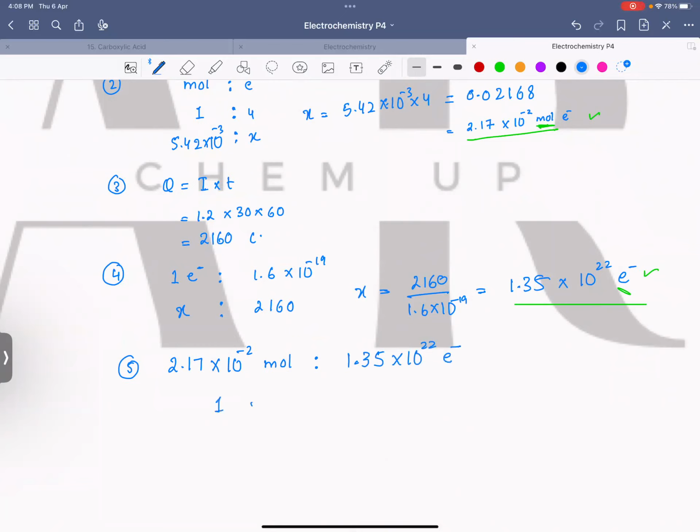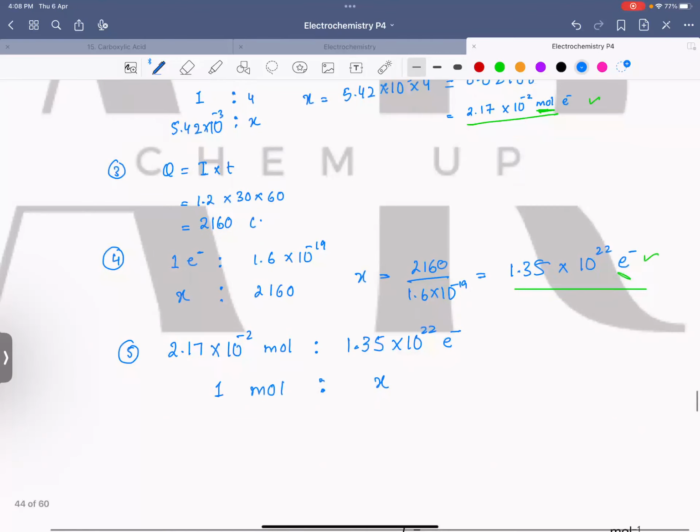So if I have 1 mole, then there must be x number of electrons. So remember, we never use the relation that 1 mole of electrons has 96500 coulomb charge whenever we are finding the Avogadro's constant. So find the value of x.